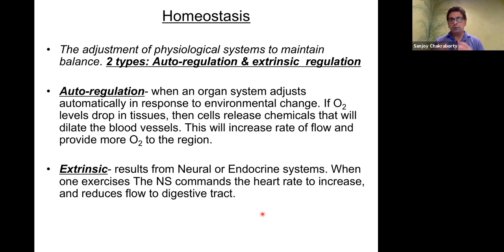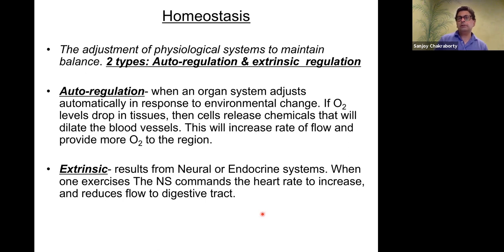We know that we have to maintain a standard body temperature of, let's say, 98.5 degrees. If it goes up by 1 degree, your body enzymes are not going to work properly, so your body is going to start doing a lot of different things which it doesn't like. So your homeostasis is disturbed.